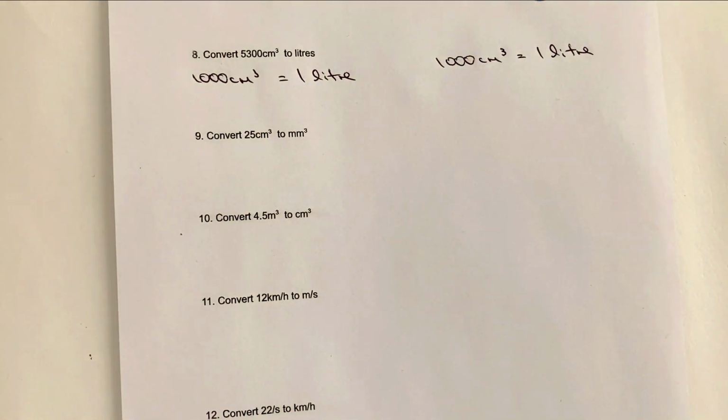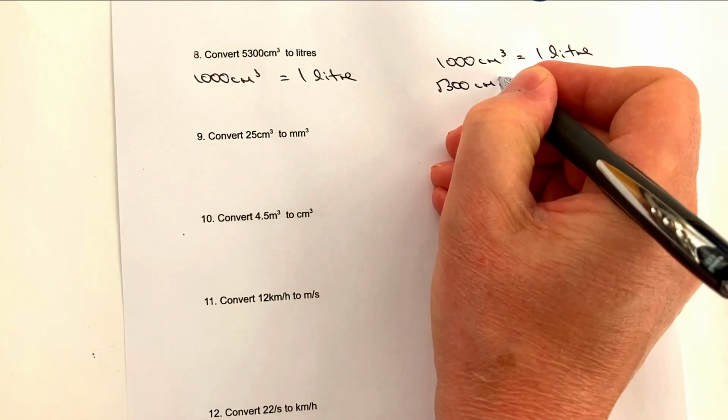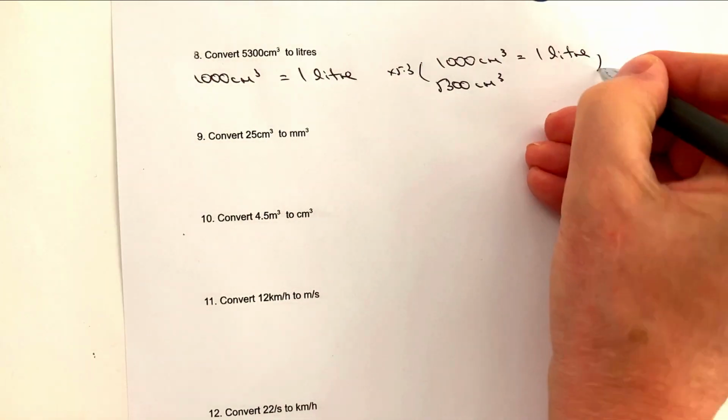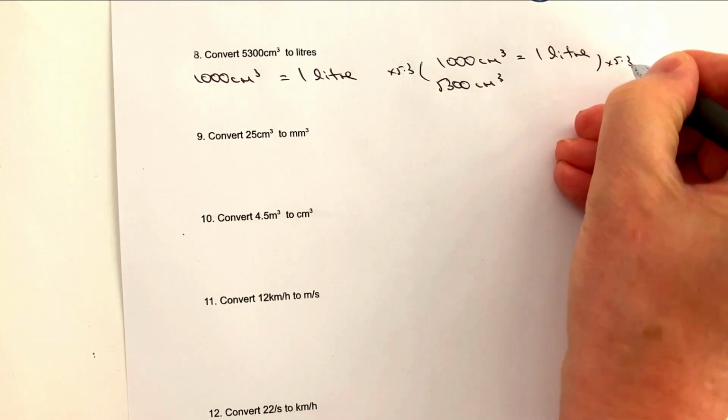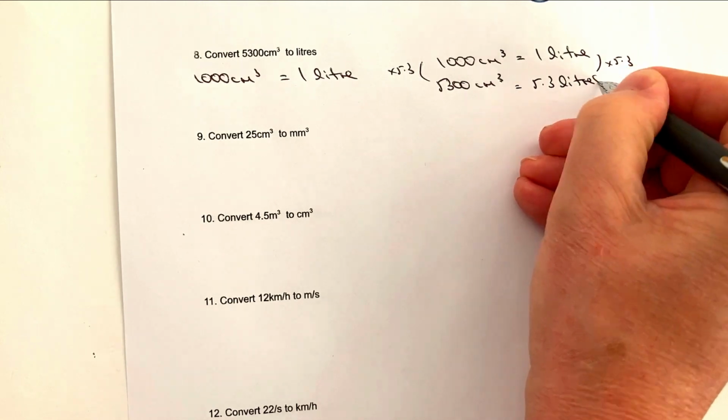Okay, well, if I've got 5,300 centimeters cubed, then what have I done? Well, I've multiplied this by 5.3. So therefore, I multiply the other side by 5.3, and I get 5.3 liters, and that would be the answer to that particular question.